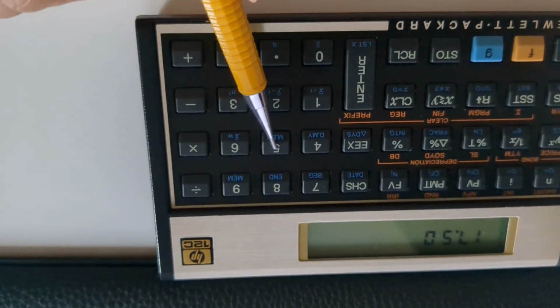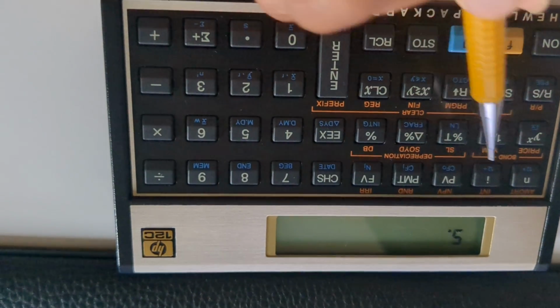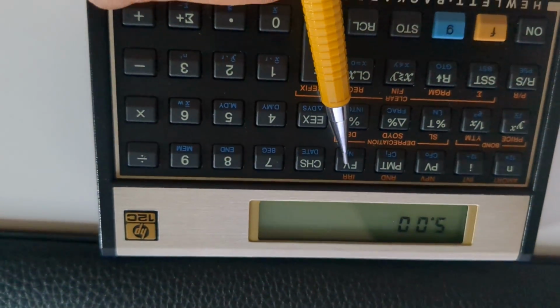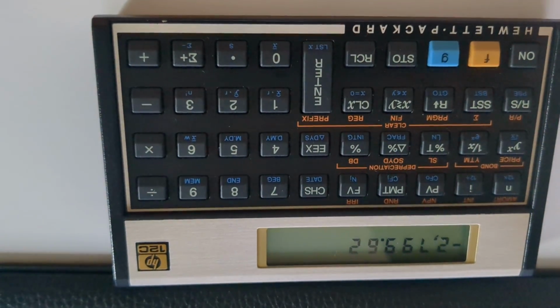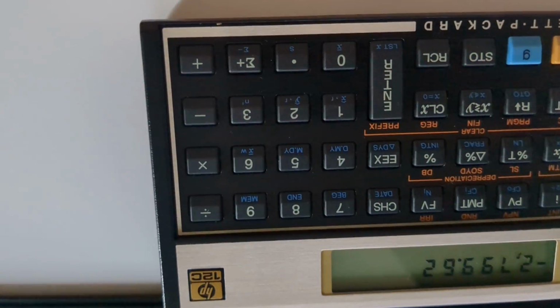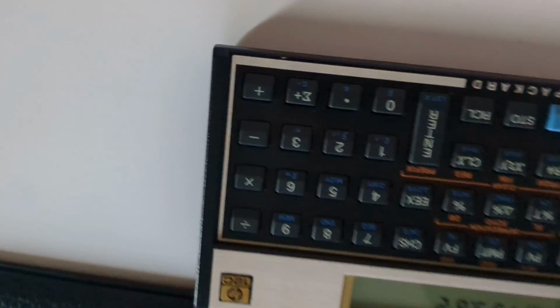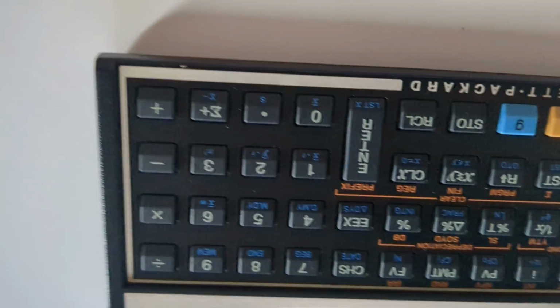So that is 5, N. Now to get the future value that we are going to be getting, we press FV. So that's 2799.62.